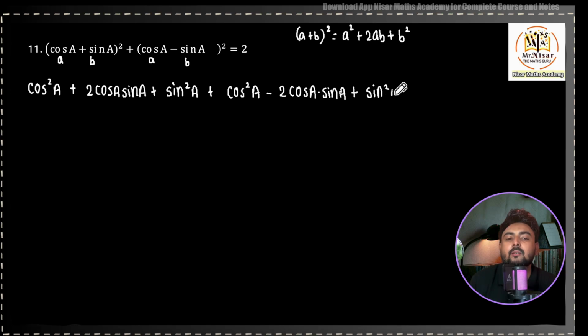Sin square a. Okay. See, when you see such type of questions, many things will get cancelled here. Plus 2 cos a sin a, minus 2 cos a sin a, plus minus minus, will get cancelled. Again, is there anything we can get cancelled here?